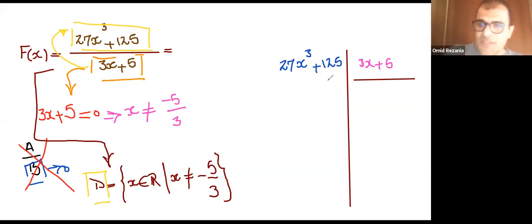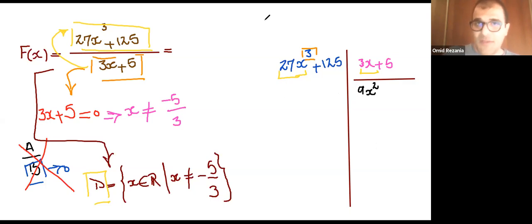And now look at this one. Based on the things that we have learned since 2 days ago, we search for the first terms. But before that, we make sure our terms are ordered in descending order, which is correct at this stage. Then, in order to kill the first term, I notice that if I multiply the divisor by 9x squared, I'm going to kill the first term. Why?